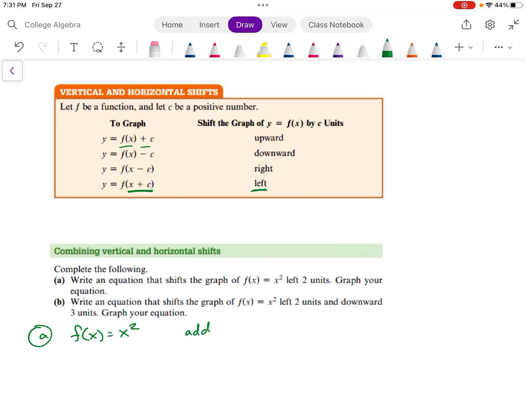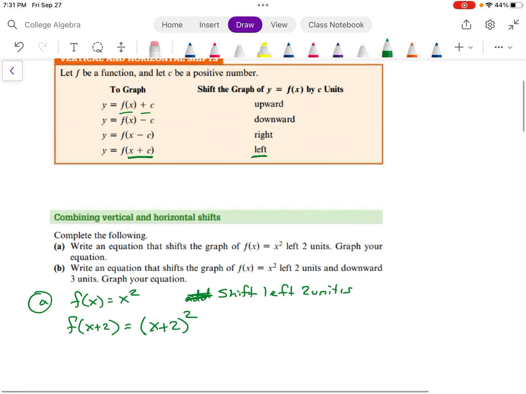We're going to shift left 2 units. So that means my function notation is going to look like x plus 2 is what's inside the parentheses. So I take my x and transform this to be an x plus 2 quantity squared. And then I can leave it like that.